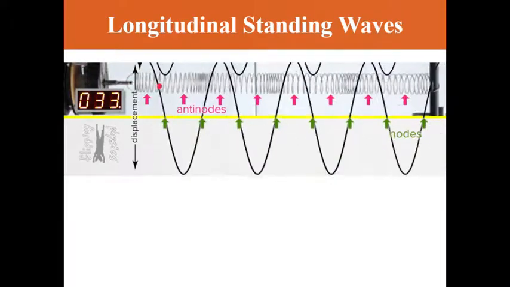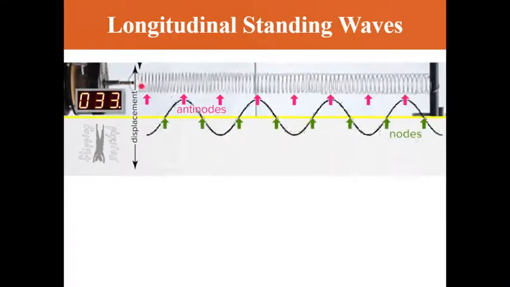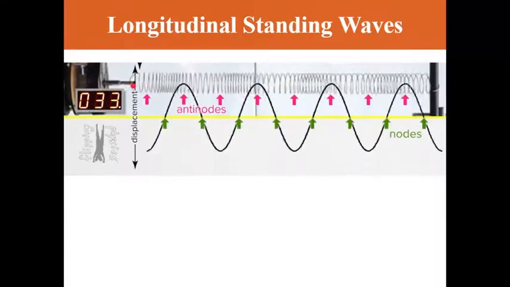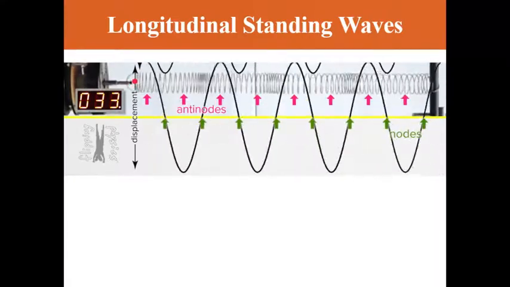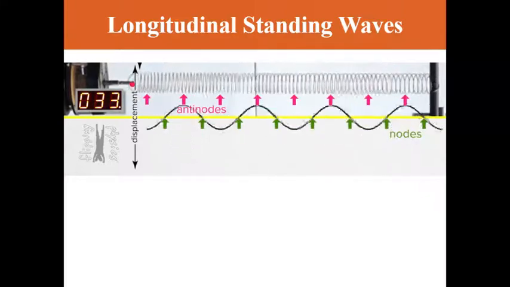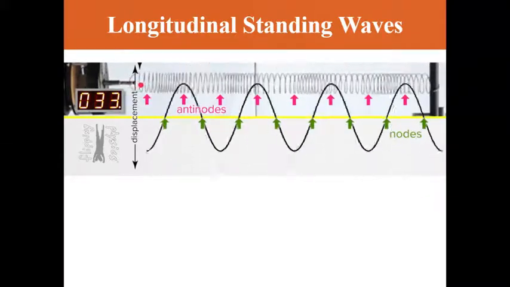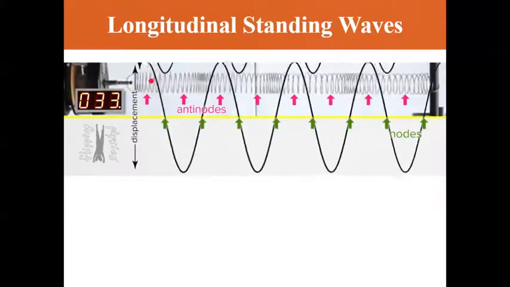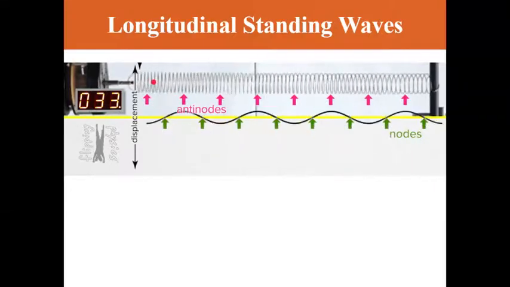Everything gets shoved over here. But when it comes to the displacement of this point, this is a displacement antinode, since this part of the spring is displacing as much as possible to the right.